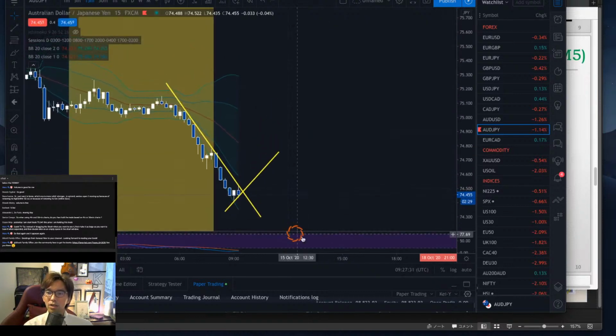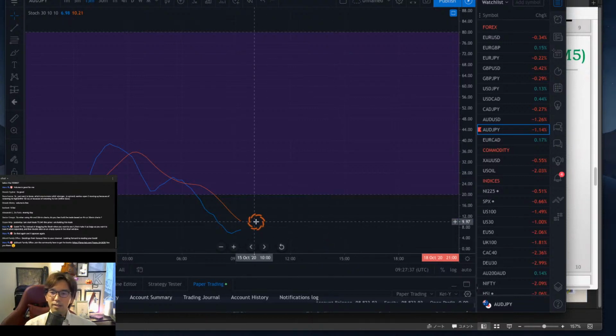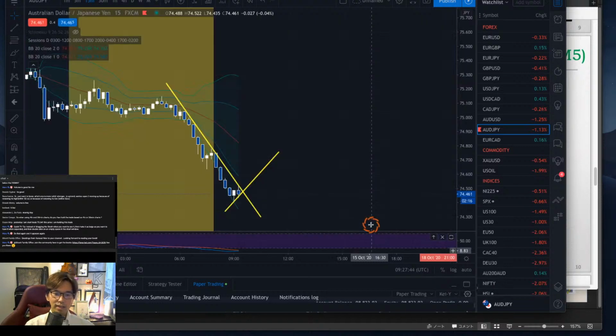So if I just want to see the stochastics, then I just double click here and it goes to the full size, and then I can just double click again and the stochastics minimizes. That's a great tip. Yeah, thank you, Maru-san.